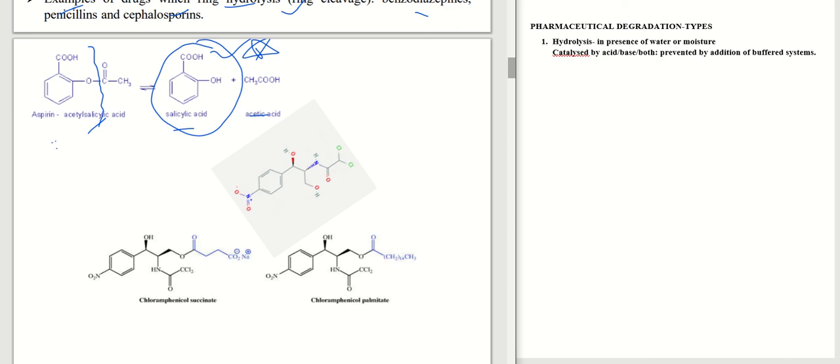But if this hydrolytic reaction takes place inside the container itself, that is outside the body, because of temperature changes and the presence of water, what happens? In the container itself, this reaction takes place.